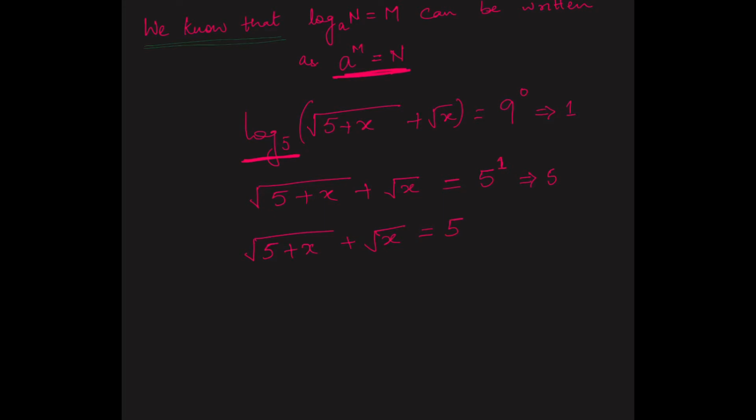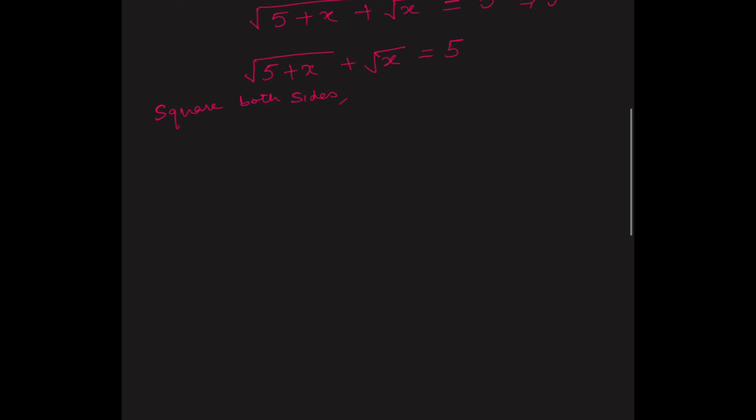So now that we have a simplified version, it becomes a normal equation. We will square both sides, because to get rid of the square root, we need to square both sides. That will give us (square root of 5 plus x, plus square root of x) whole squared equals 5 squared.